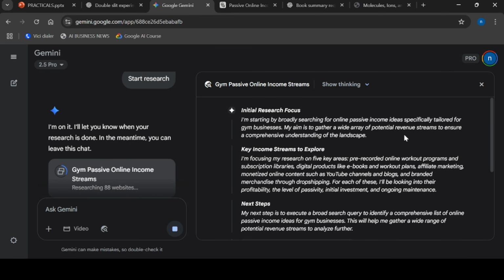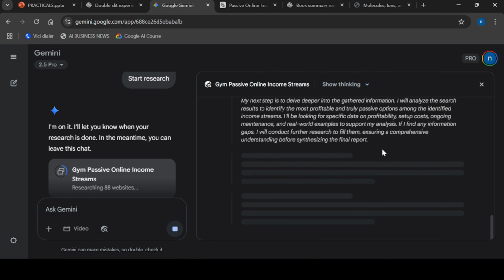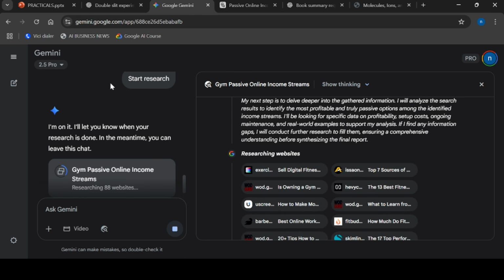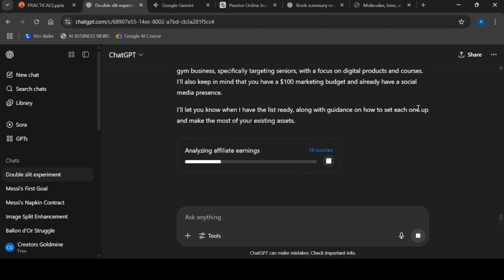So let's see what Gemini has. Okay, Gemini is still working. It's not done yet. It's still generating its ideas. Now let's come to ChatGPT. It's still analyzing.